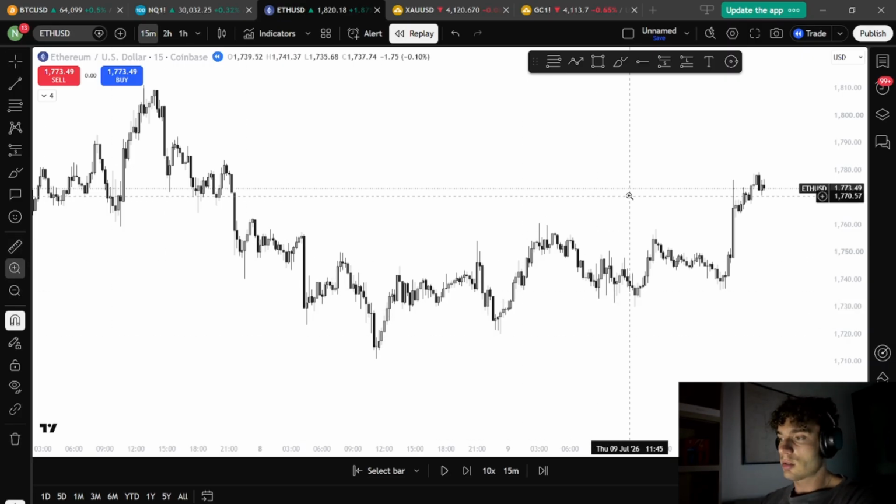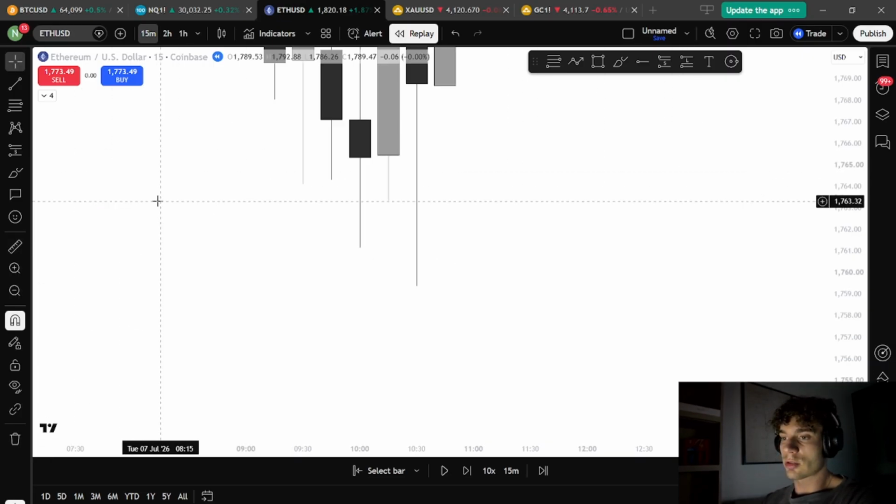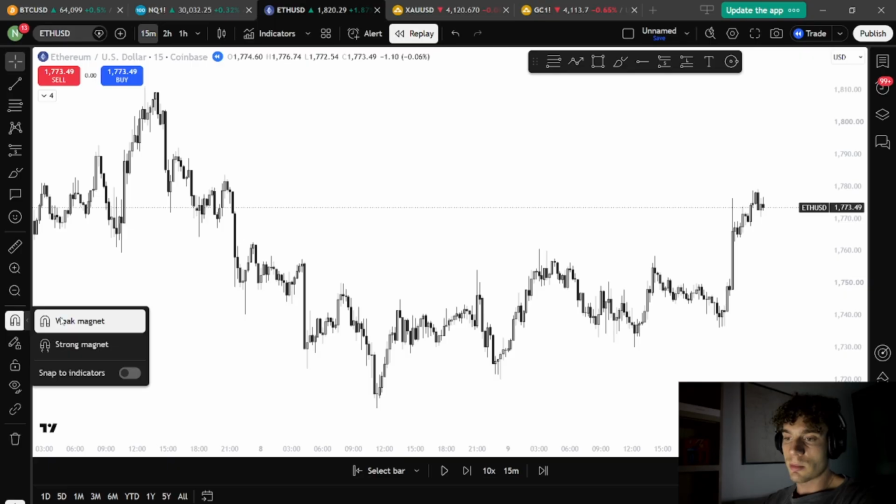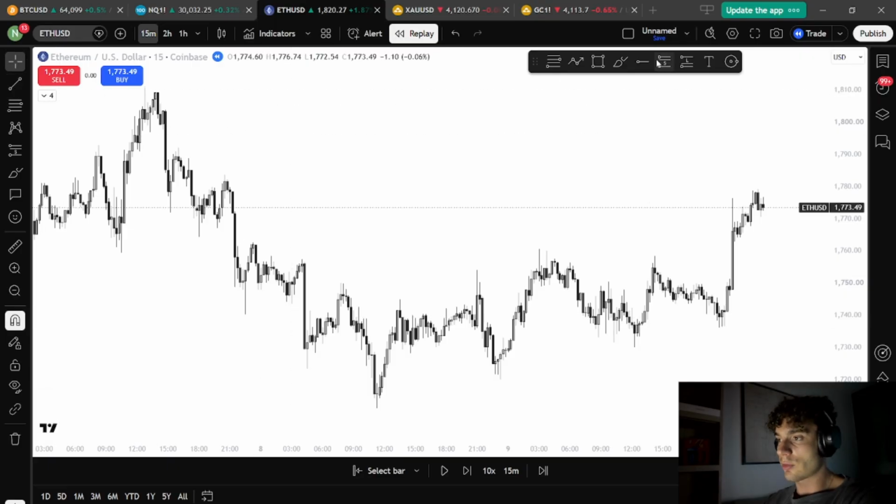Here is the zoom in. For example, if you want to zoom into this price action. Same for zoom out. This is the magnet. I like to use this one. There is a weak and a strong magnet. I prefer to use the weak magnet, which means that if you want to draw a line, for example, from here, you see how if I move my cursor, it will stick to different levels.